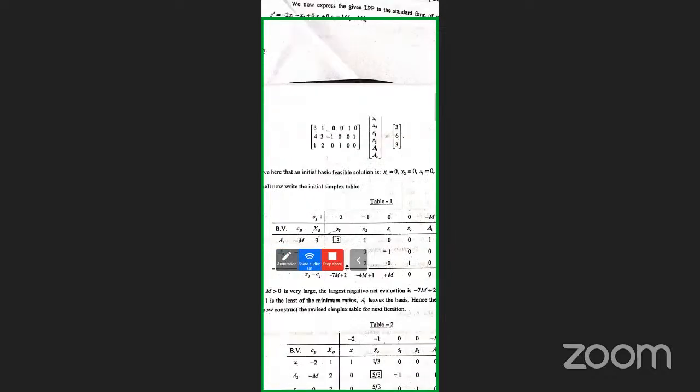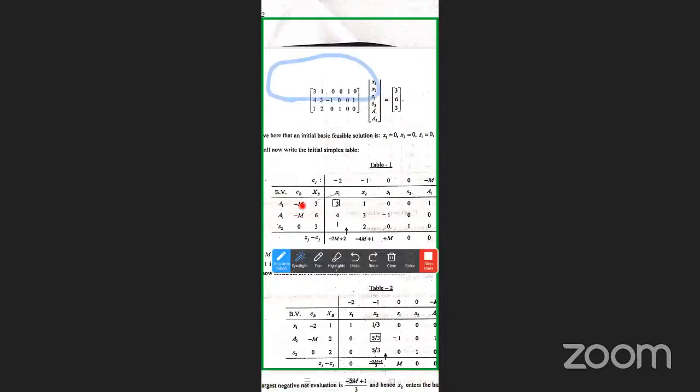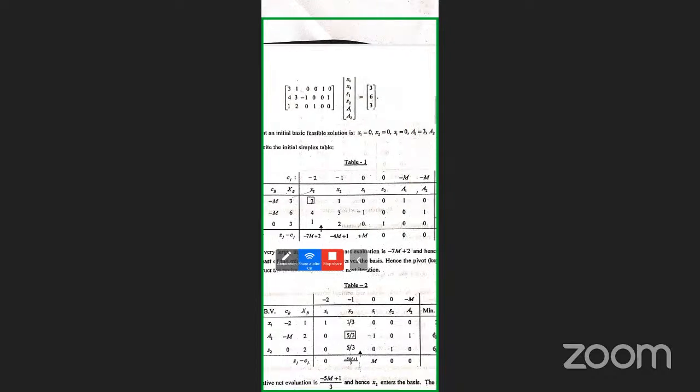So CB is equal to minus M, minus M, 0. The coefficients in objective function. So next XB is equal to these values. XB is equal to 3, 6, 3. So next X1, X2. So given variables X1, X2 and S1, S2.